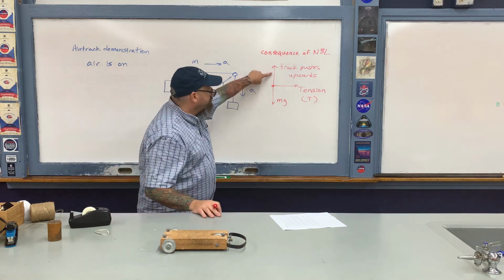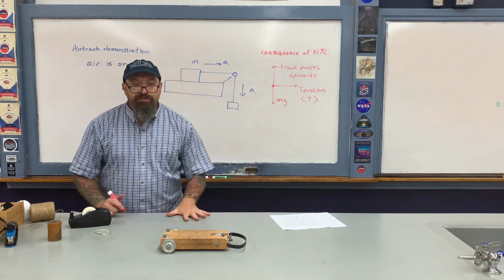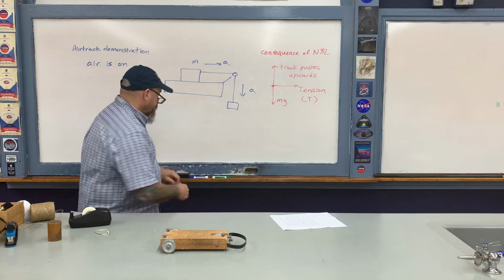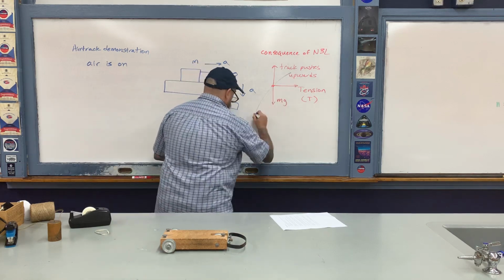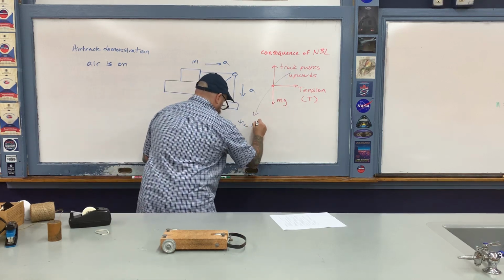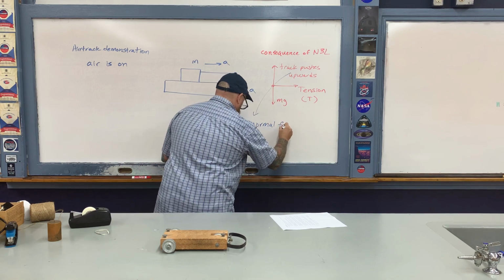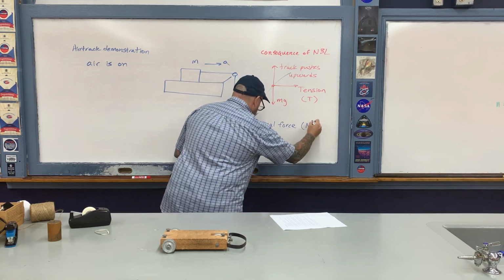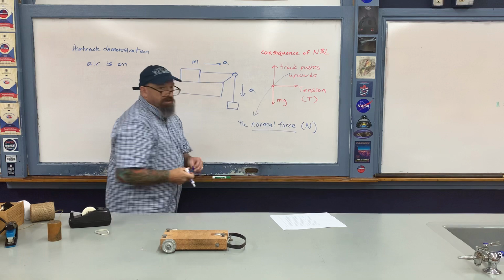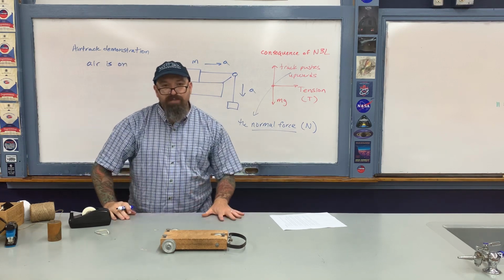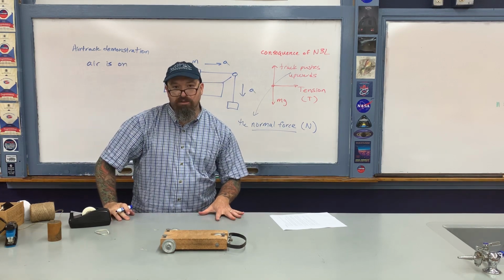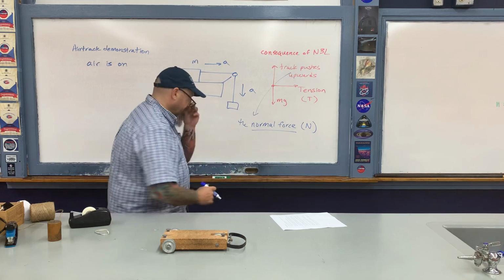This particular force, by the way, is given a name. It's referred to as the normal force, and it's abbreviated as capital N. The word normal in mathematical lingo means perpendicular. It's perpendicular to the surface.